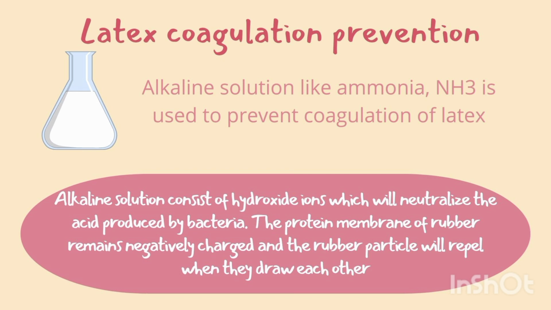So the protein membrane of rubber remains negatively charged, and the rubber particles will repel when they draw near each other. If you notice, latex coagulation prevention uses an alkaline solution, while the latex coagulation process uses an acidic solution.